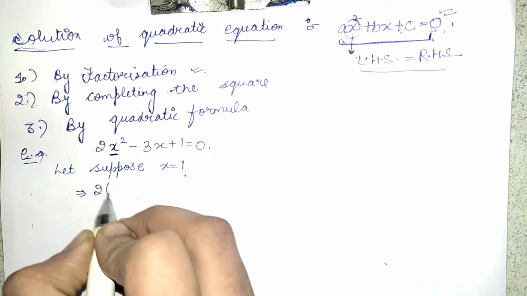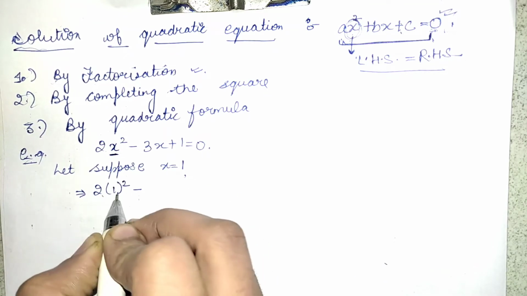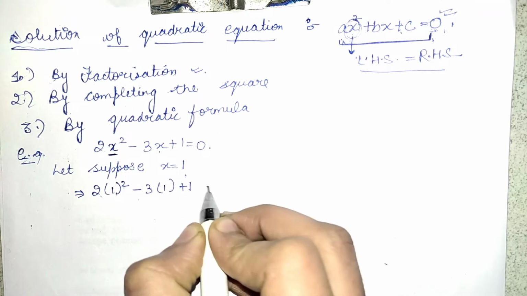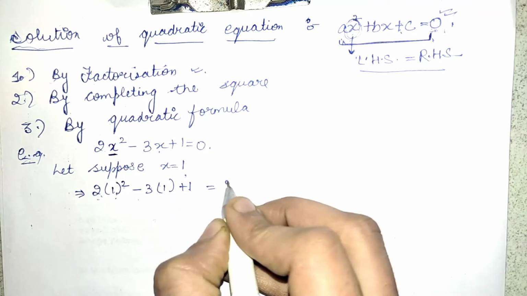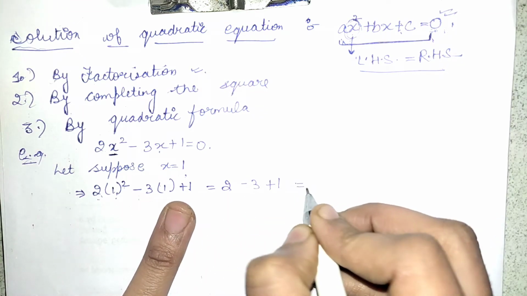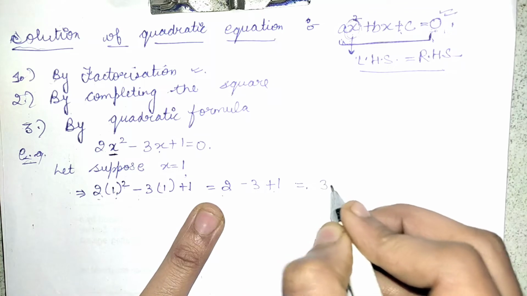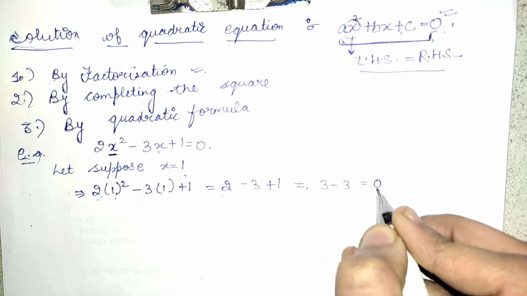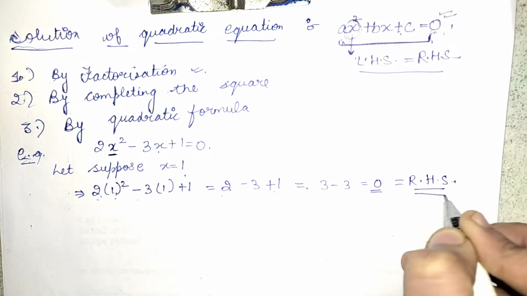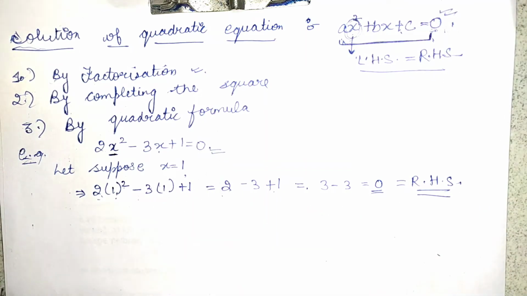If I put x equals 1, we get 2 into 1 square minus 3 into 1 plus 1. 2 into 1 is 2, minus 3 plus 1. 2 plus 1 is 3, and 3 minus 3 is 0, which equals the right hand side, my 0 value, right?